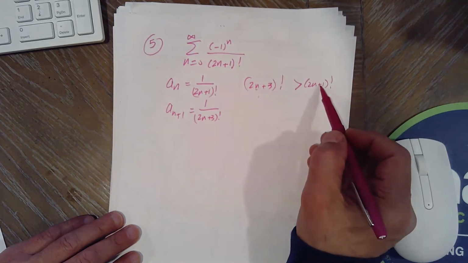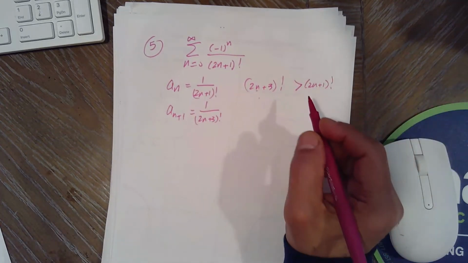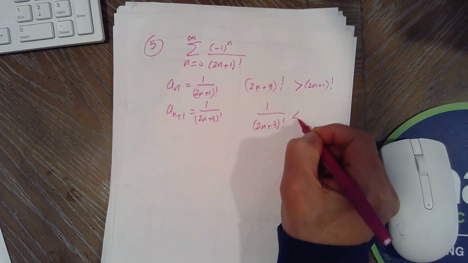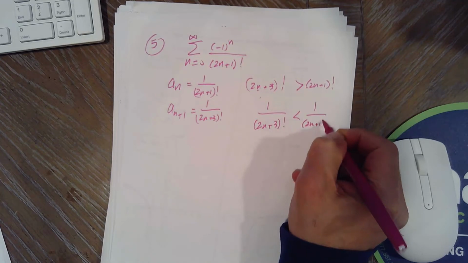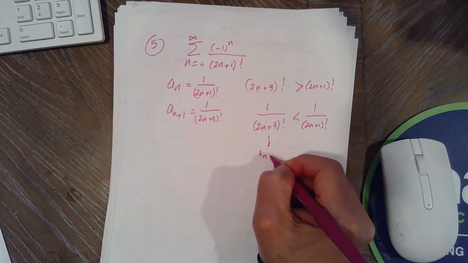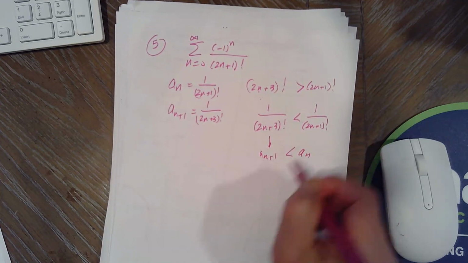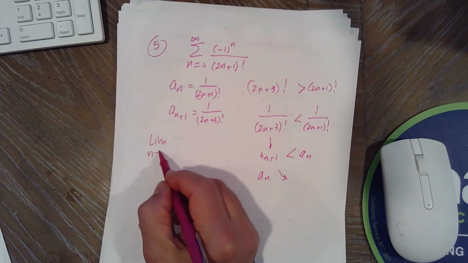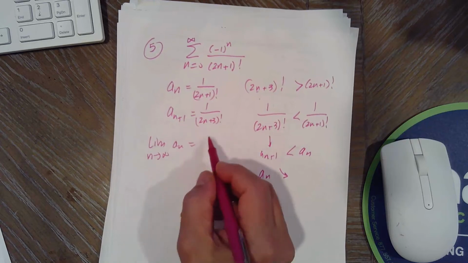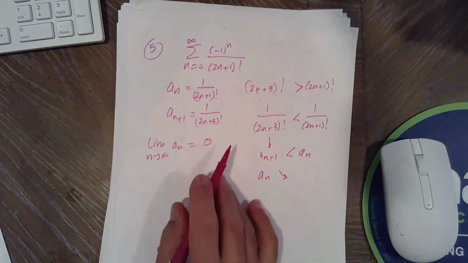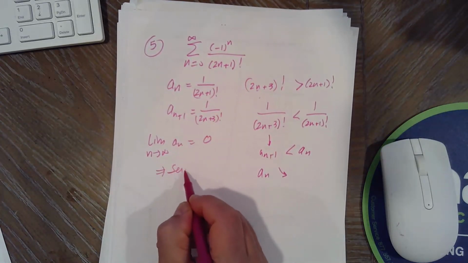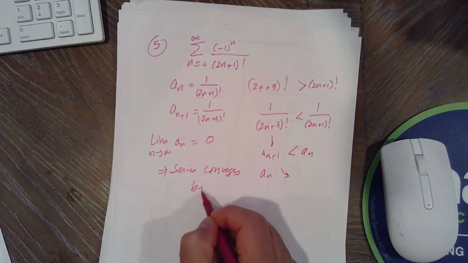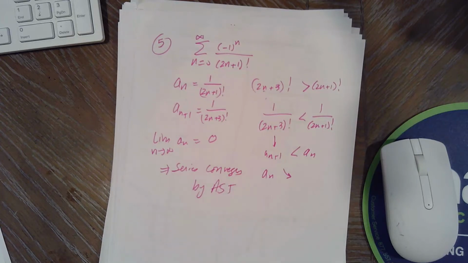That's 2 more, so it's greater. So 1 over 2n plus 3 factorial is less than 1 over 2n plus 1 factorial, so an plus 1 is less than an, so an is decreasing. The limit as n goes to infinity of an is 1 over infinity, which is 0, so the series converges by the alternating series test.